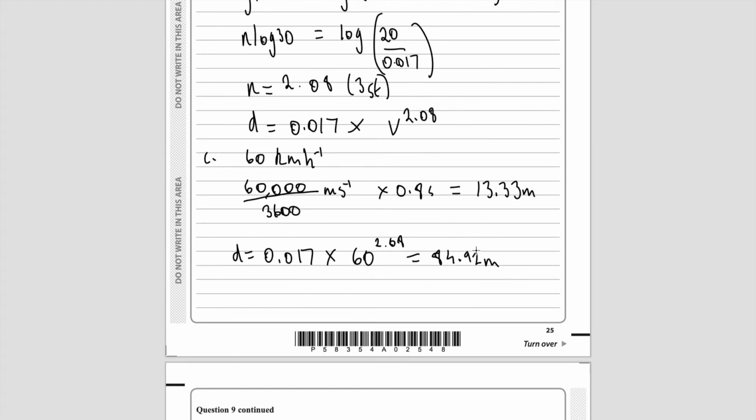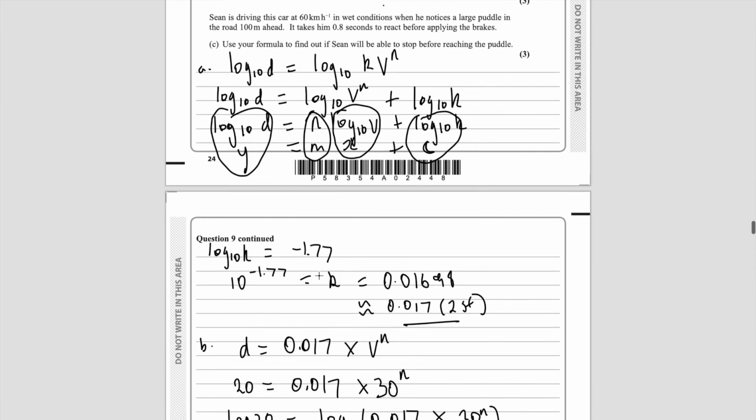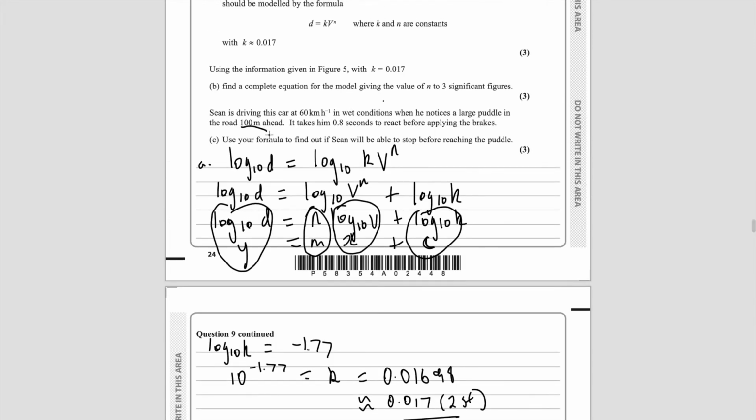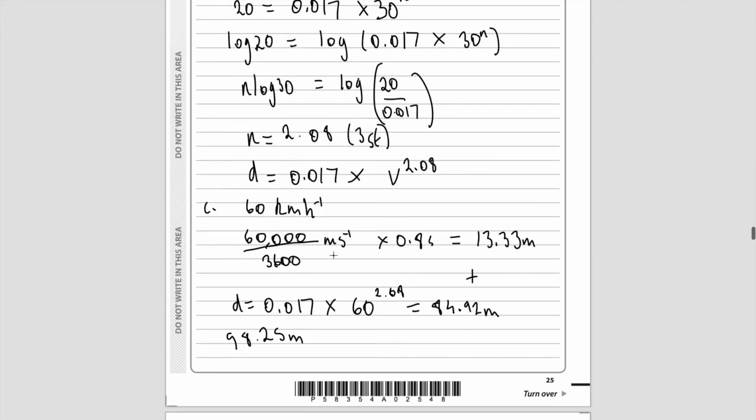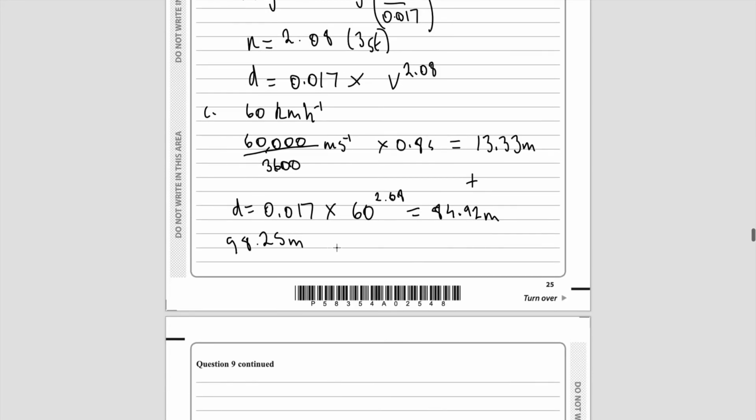So if we add this and this together, this is the total distance between him noticing the puddle and the car actually coming to a stop. And if we add these together, we'd come up with a value of 98.25 meters. And now this falls just short of the 100 meters that was his distance when he noticed the puddle initially. So it is clear that Sean will stop before reaching the puddle.